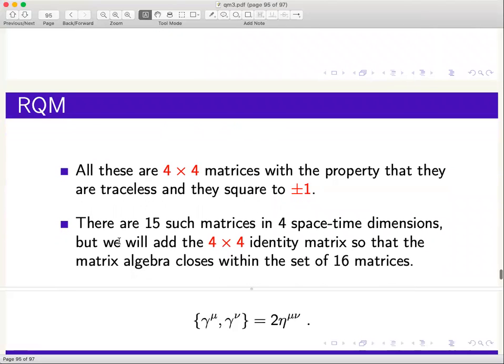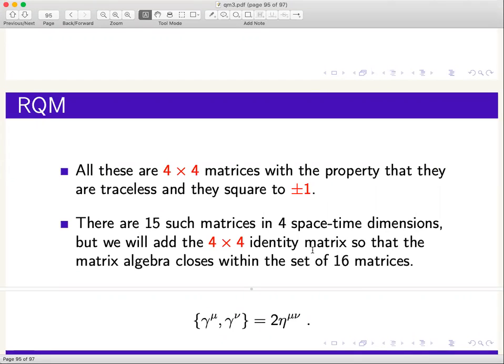Fine. The reason for adding the identity matrix will become clear in a moment, but one of the reasons is that it forms a closed algebra of these matrices, because if you square these matrices, they are proportional to identity or minus identity. So if you include the identity matrix, that's like including the identity element, it just gives a closed algebra.